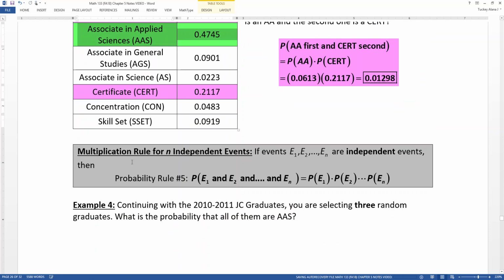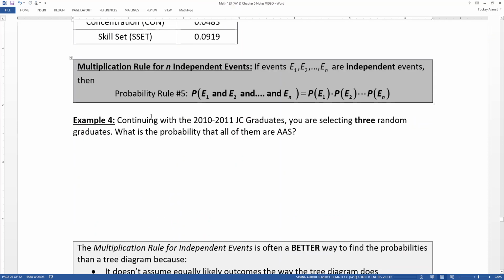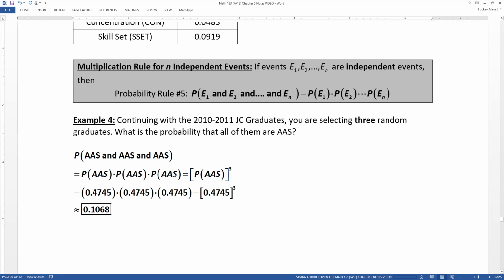All right, so the way this rule works is it's basically just an expanded version of the other rule. You just multiply the probability of the first person being AAS, Associate in Applied Science, times the probability of the next person's Associate in Applied Science, and the third person, same thing. So that's the probability of an Associate in Applied Science to the third power, right?